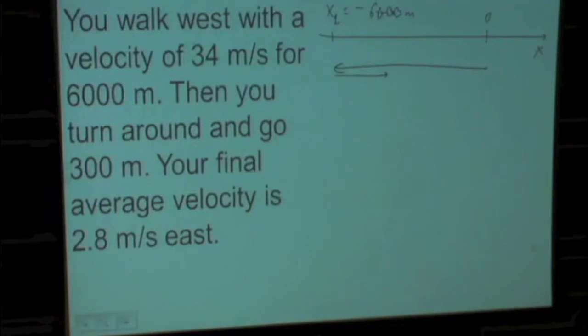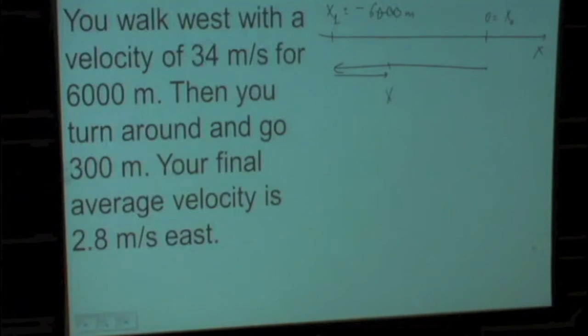Why is it negative? Well, if I choose my origin at the initial location and I point the x direction to the right and I travel 6,000 meters to the left, the position is negative, the x coordinate is negative. And then you travel 300 meters to the right.